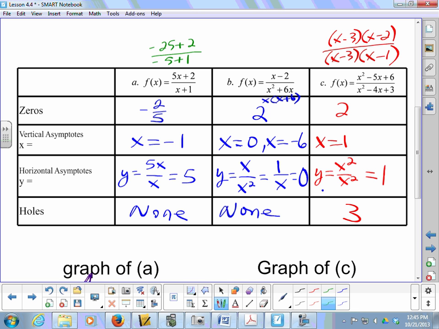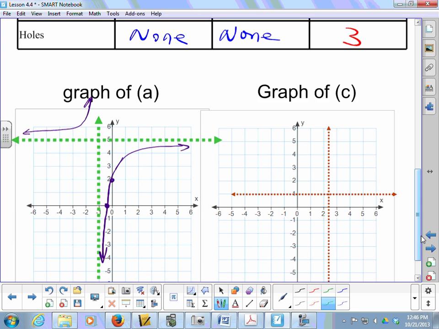What's -23 divided by -4? Not a good number. It's a positive number, first of all. 23 divided by 4 is almost 6, since 24 divided by 4 is 6. So at -5, my number that I get is going to be almost +6.